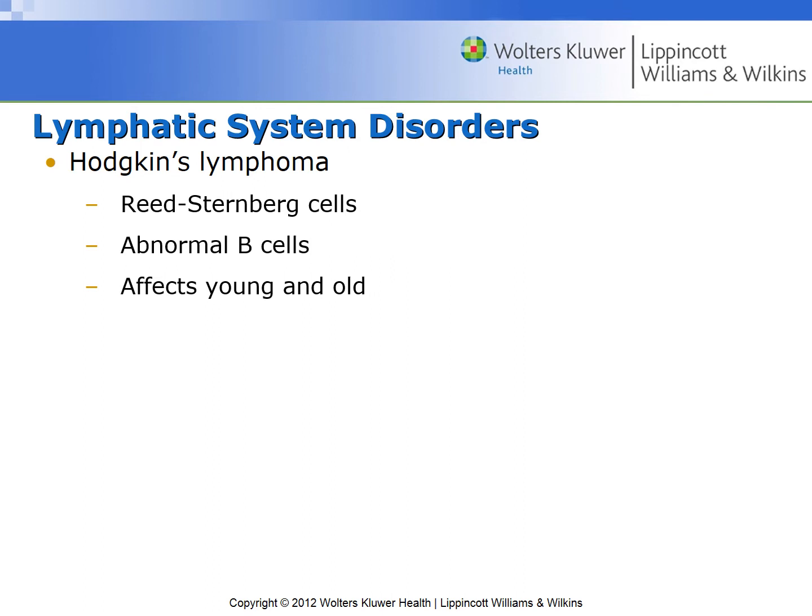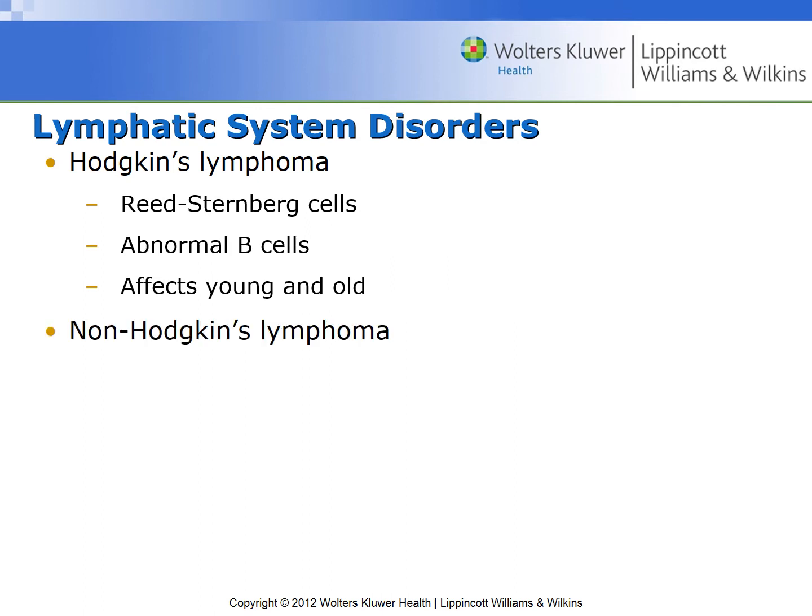It's Hodgkin's lymphoma. The rest of it is non-Hodgkin's lymphoma. So Hodgkin's has the Reed-Sternberg cells. In your book, I don't have the page number in front of me, but there's a lovely picture of a Reed-Sternberg cell. Gives you abnormal B cells and can affect both the young and old.